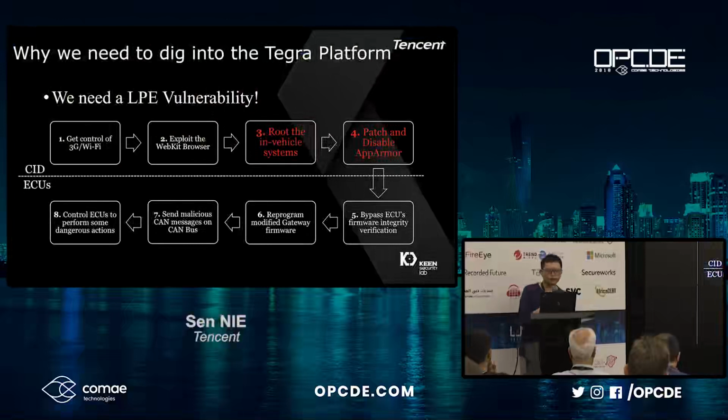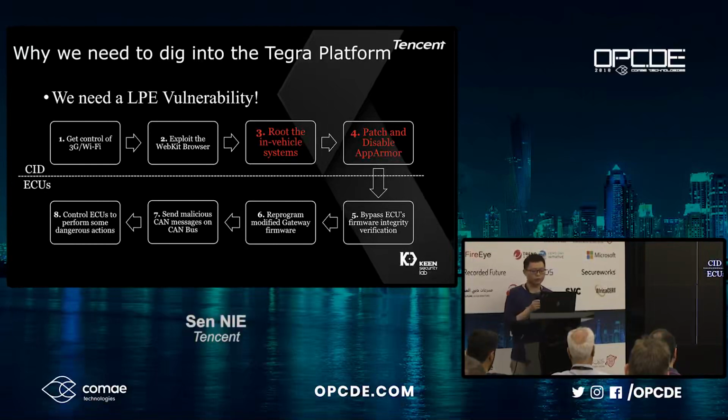So why do we need to dig into the Tegra platform? We dig into it because of our Tesla hacking research. During our Tesla hacking research, we need a way to gain root on the Tesla infotainment system. That's an important part in our whole attack chain.